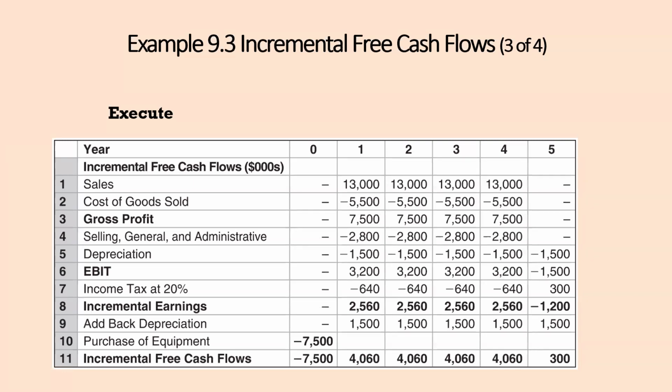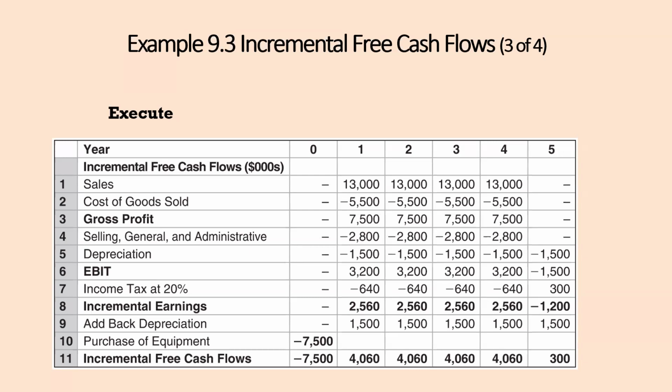To execute, here you see a table. The years and the corresponding amounts are what you see here in the table. Let's go to your left. You see the year, starting at 0, going to your right. Then you have the first year, second year, third year, fourth year, and fifth year.